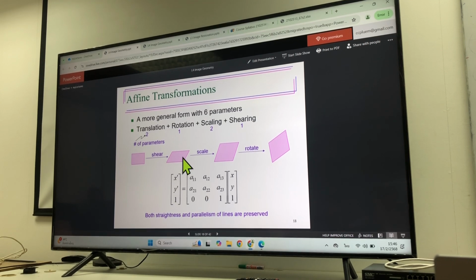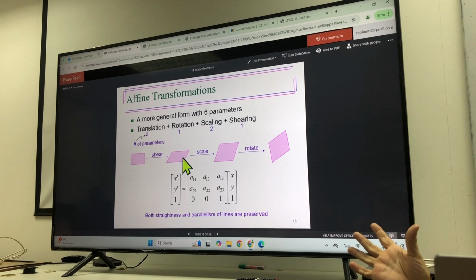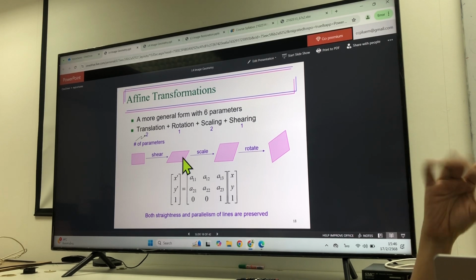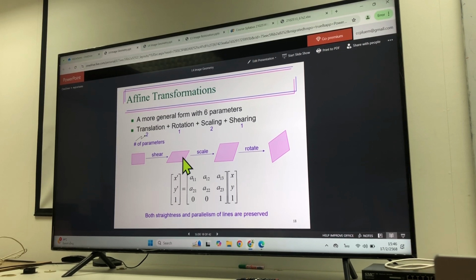You can see translation does not change the shape. Rotation does not change the shape. Scaling changes the size, bigger or smaller, so a rectangle is still a rectangle.